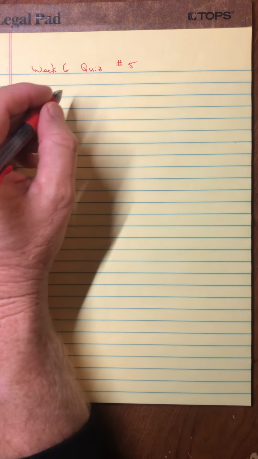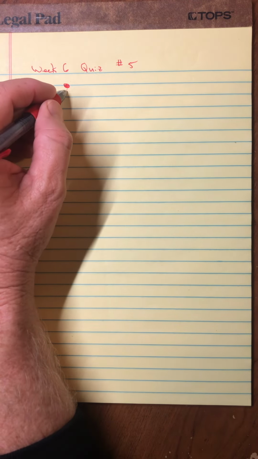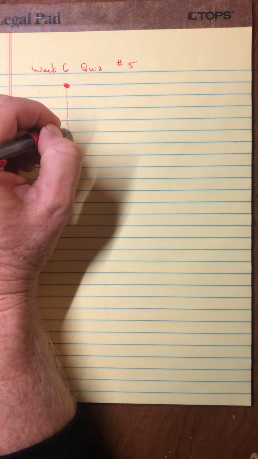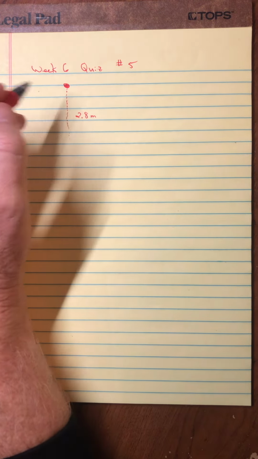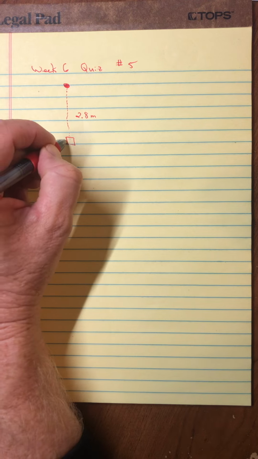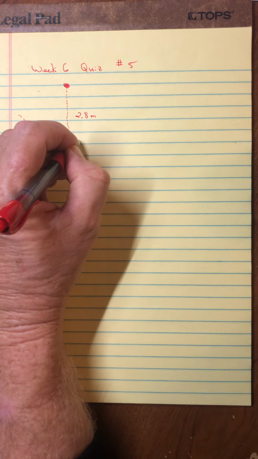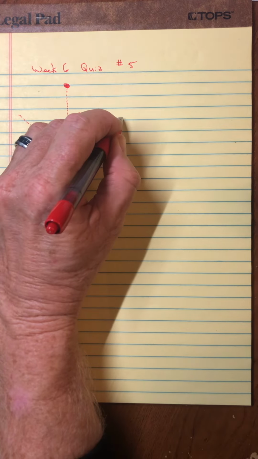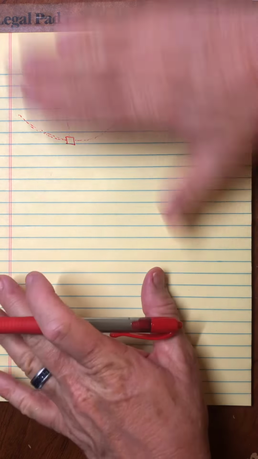But I'm going to just start anew here and say, okay, if this is where the chains are tied, they drop down 2.8 meters. Yeah, 2.8 meters. And so here then is the child, and always being 2.8 meters away would make an arc that's part of a circle, and as your author describes it, a vertical circle.